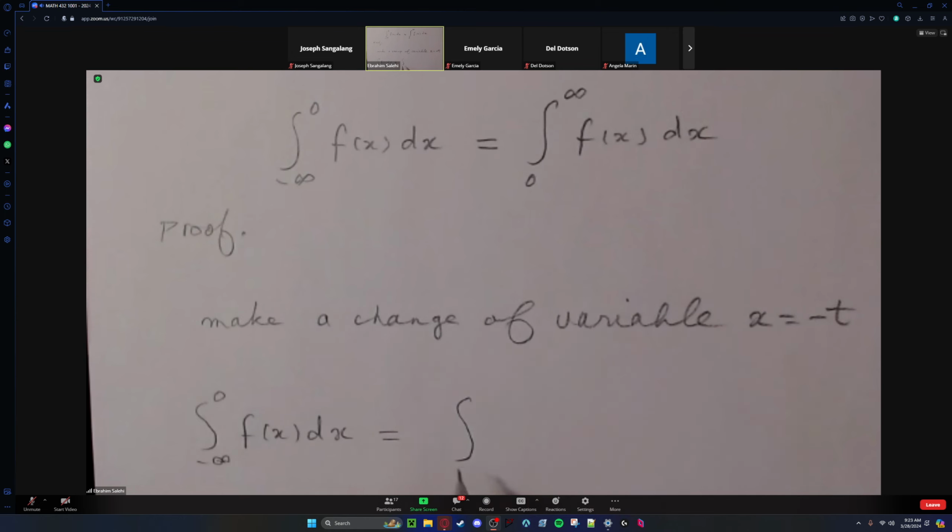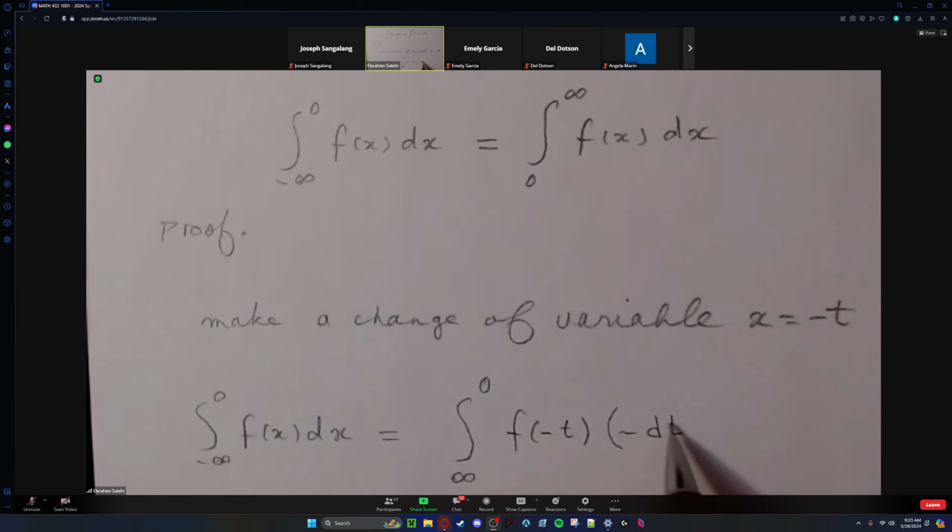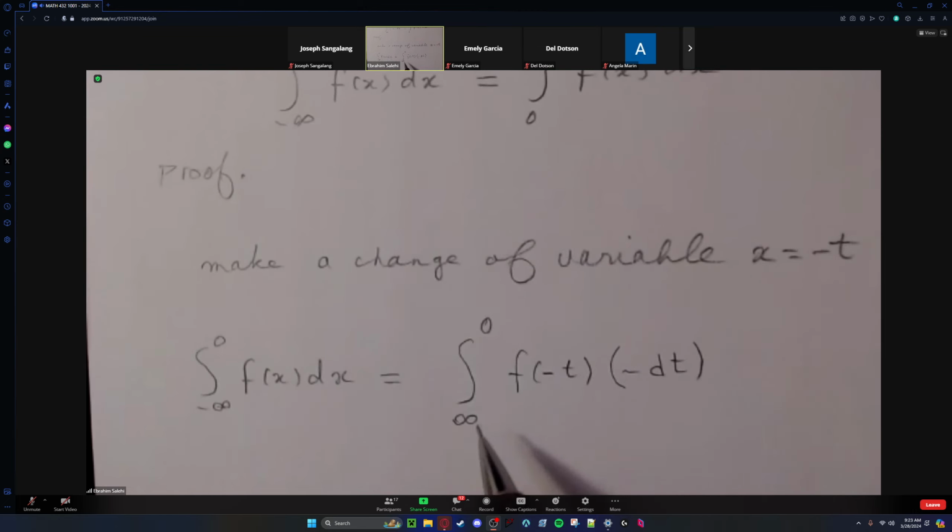So infinity to 0 of f of negative t, I am replacing x by negative t, and dx becomes negative dt. But since the function is even, f of negative t is the same as f of t.